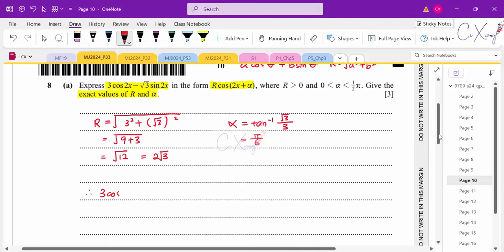So 3 cos 2x minus root 3 sine 2x can be written as 2 root 3 and then cos of 2x plus alpha. So the alpha will be pi over 6. So this is how we express it in this particular pattern that they want.